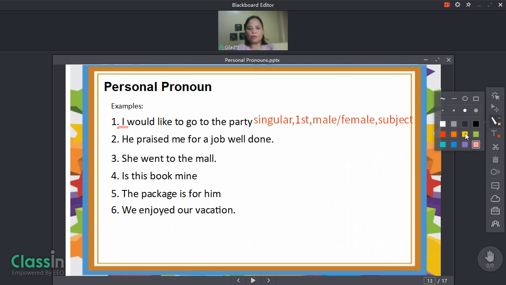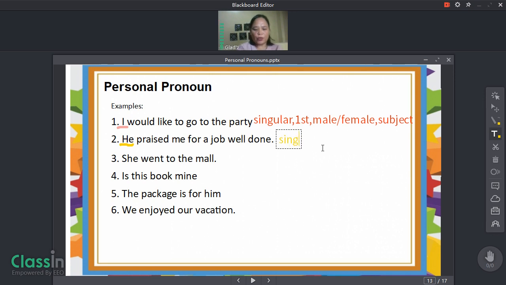How about number two? The personal pronoun used is he. Let us identify its number. That is also a singular pronoun. Is it in the first, second, or third person?